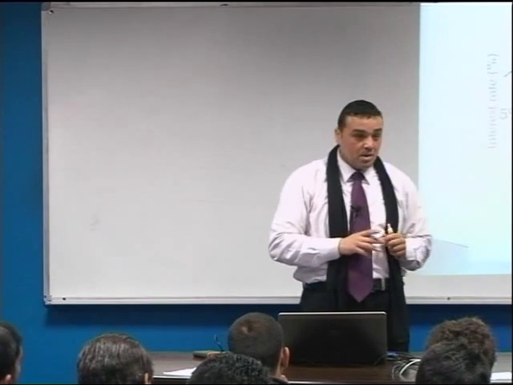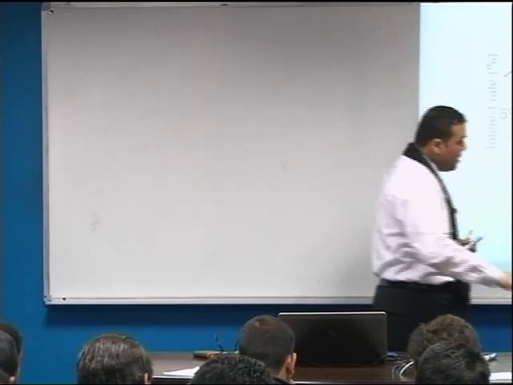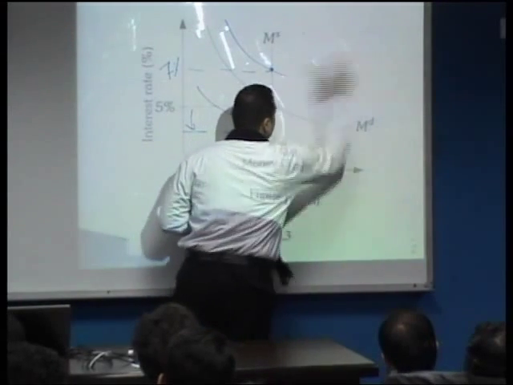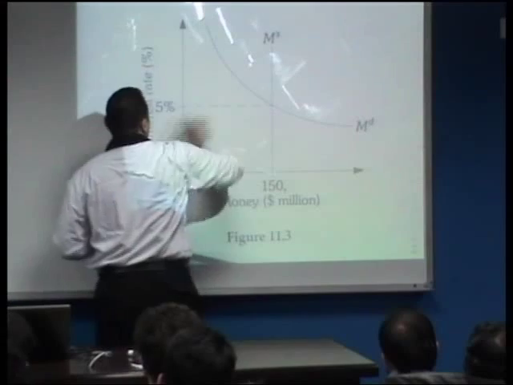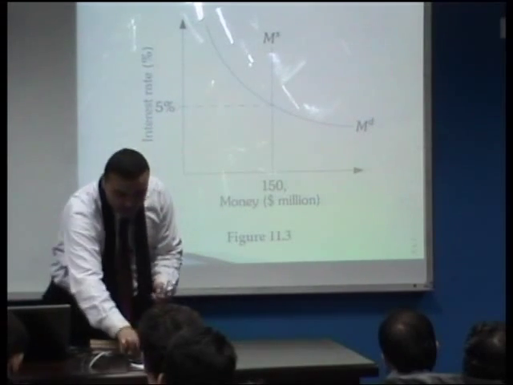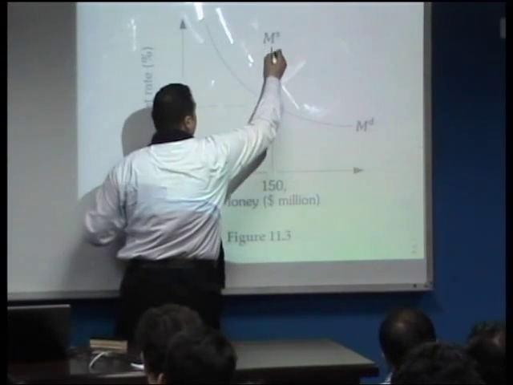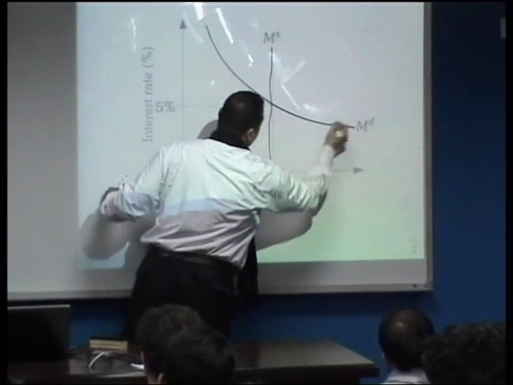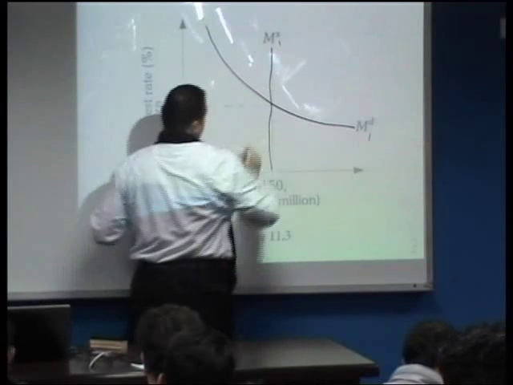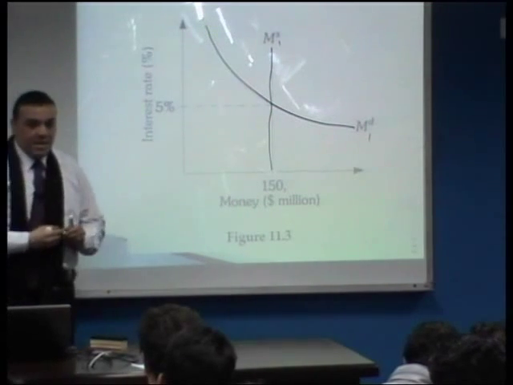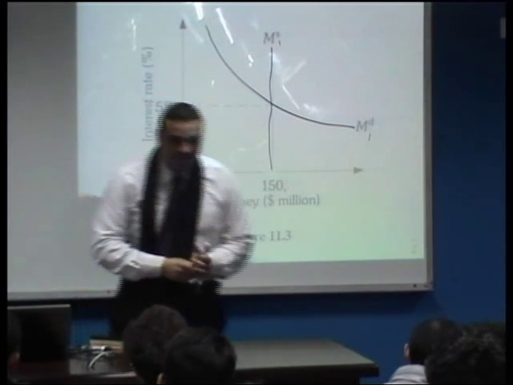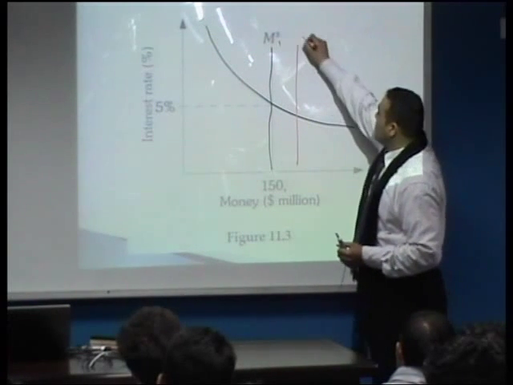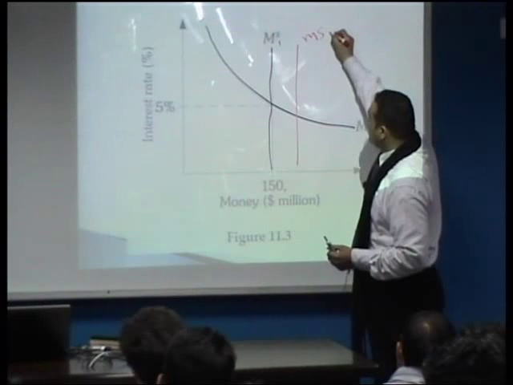Suppose there is a shift in the money supply curve. This is the original money supply, MS1, and this is the original money demand, MD1. Suppose there is a rightward shift in the money supply curve. What would happen to the equilibrium interest rate?